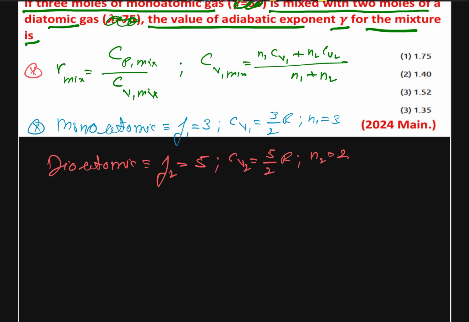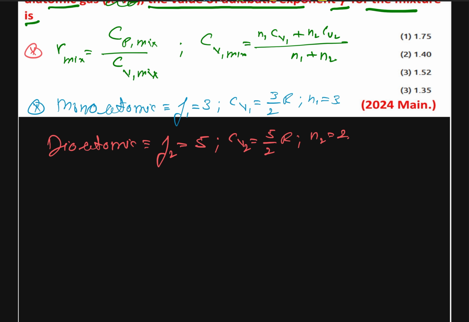Now we can find out our C of V of mix. So we can say C of V of our mix will be equal to, N1 is our 3 multiplied by 3 by 2R plus N2 is 2 multiplied by 5 by 2R and divided by total number of moles, that is our 3 plus 2, and 2 goes with 2, and this comes as 9 by 2, and it will be 10, so that will be 19, and this comes as 19R divided by 10.